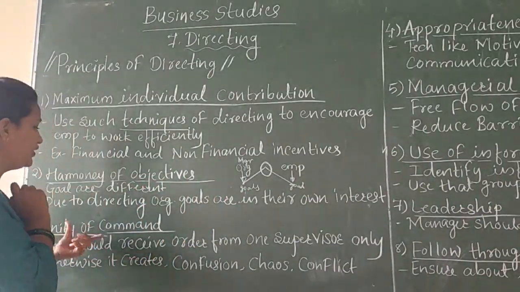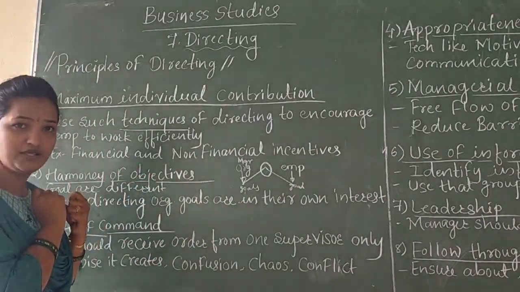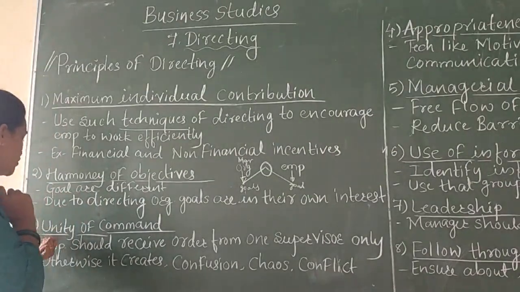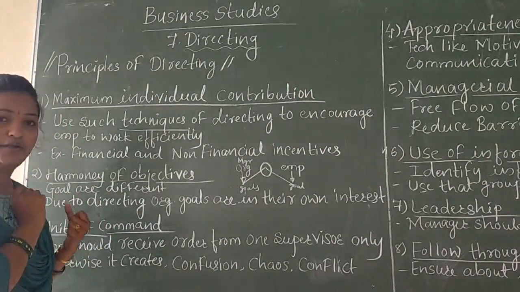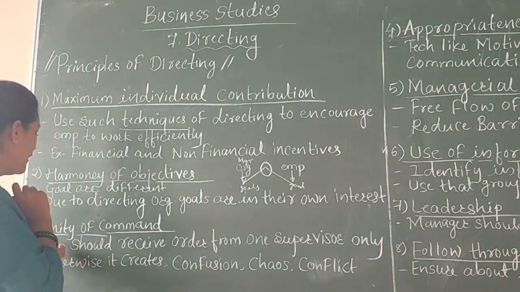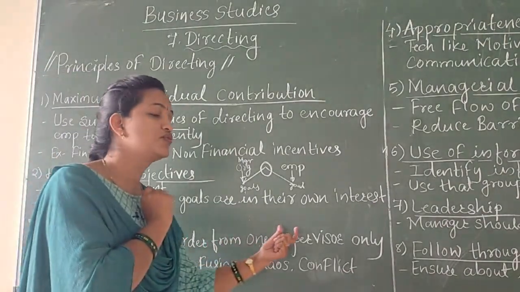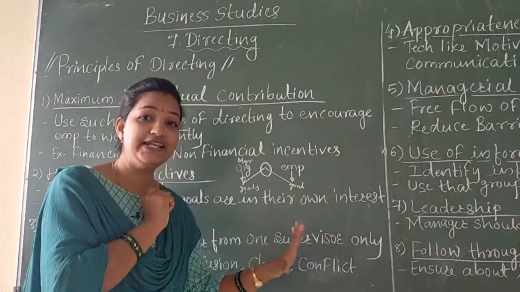Next is unity of command. This is the next principle used by the manager. Unity of command means an employee should receive orders from one supervisor only.